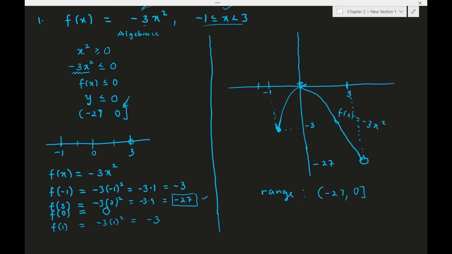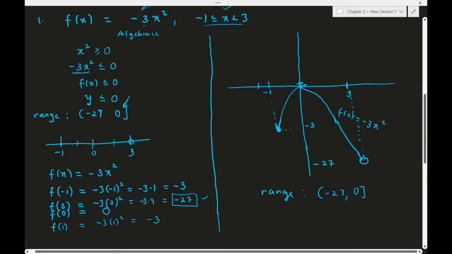But we have to close it because it's closed from the graph. So here also, this is our range, and also here, this is our range. All right.